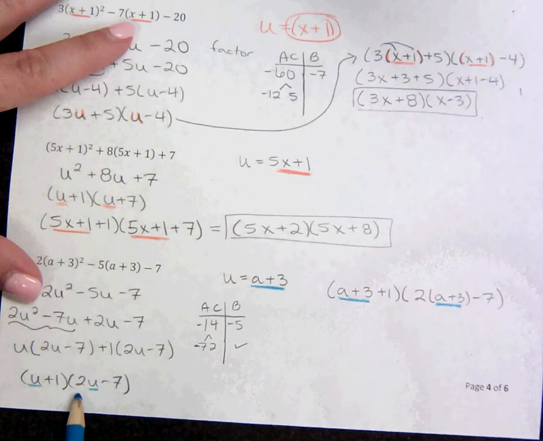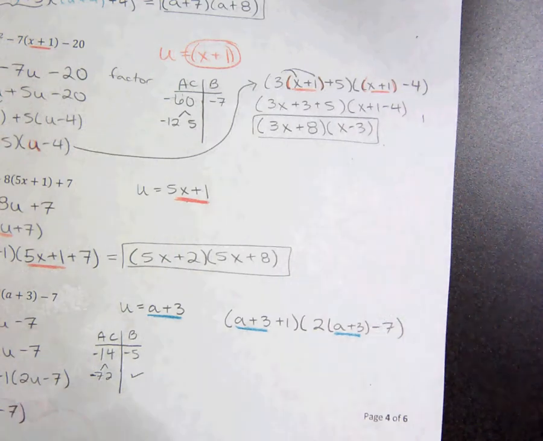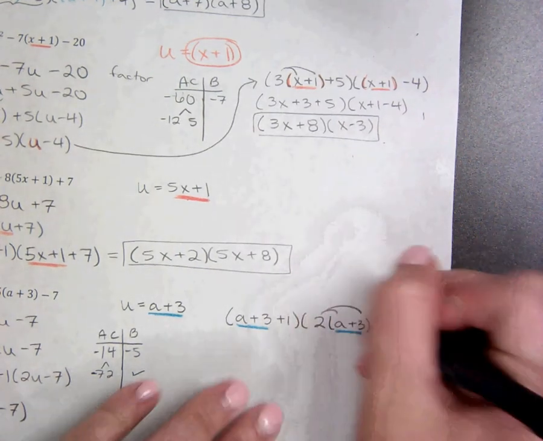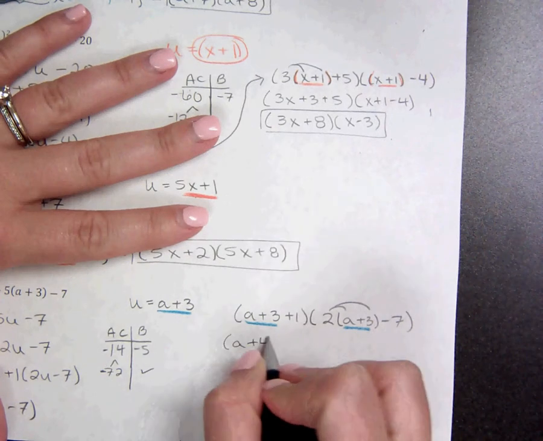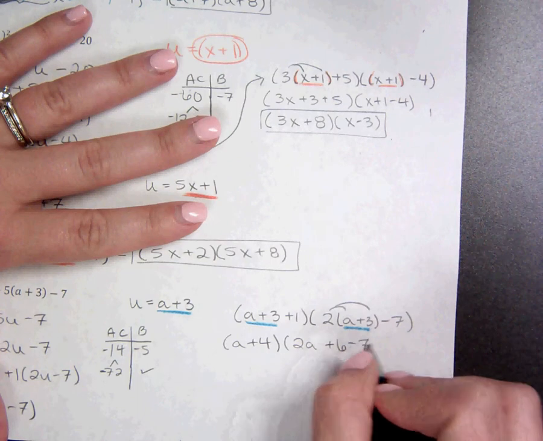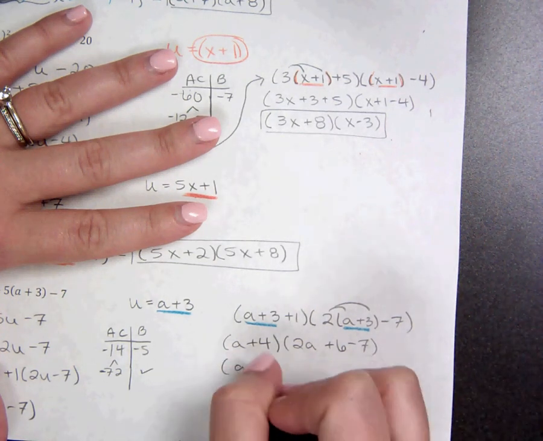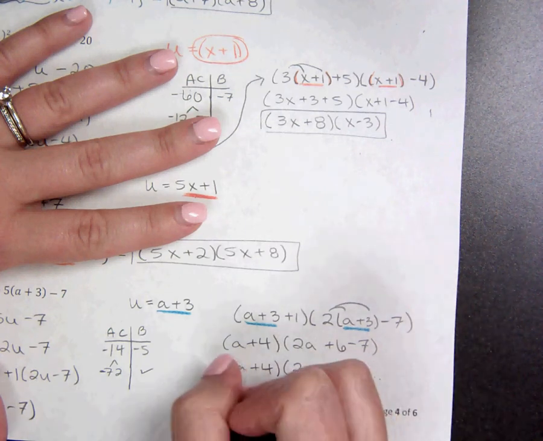Anytime you have a coefficient on your variable, you're going to have to distribute that coefficient. And then we can clean it up. So it's going to give us a plus 4 times 2a plus 6 minus 7, for a final answer of a plus 4 times 2a minus 1.